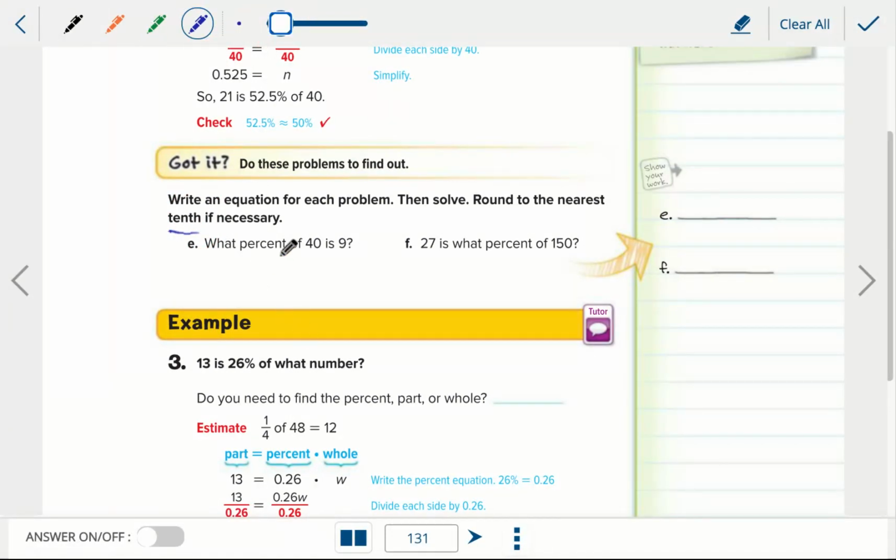Okay, so what percent of 40 is 9? What percent of 40 is 9? Well, I know my part. My part is 9. So 9 is equal to the percent times 40.